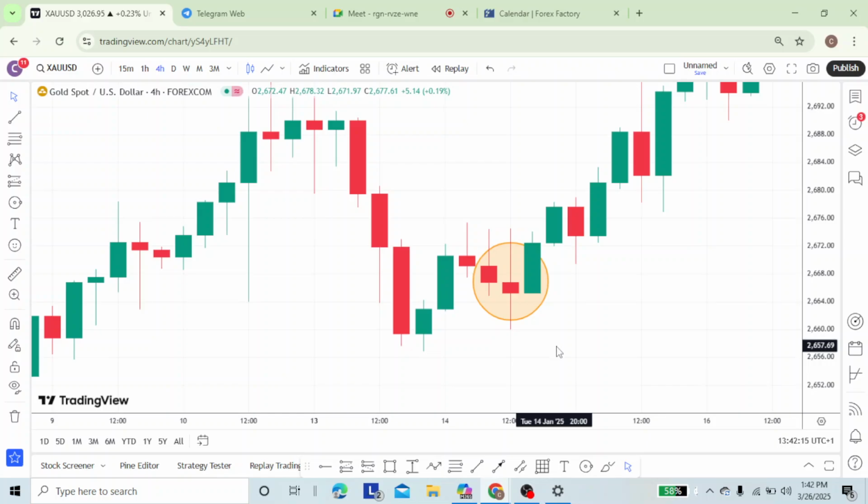That's what indecision is, because we are waiting for the next candle to determine the fate of the previous candlestick. Do you get that? Yes, sir. Is that clear? Yes, sir. Clear, sir.